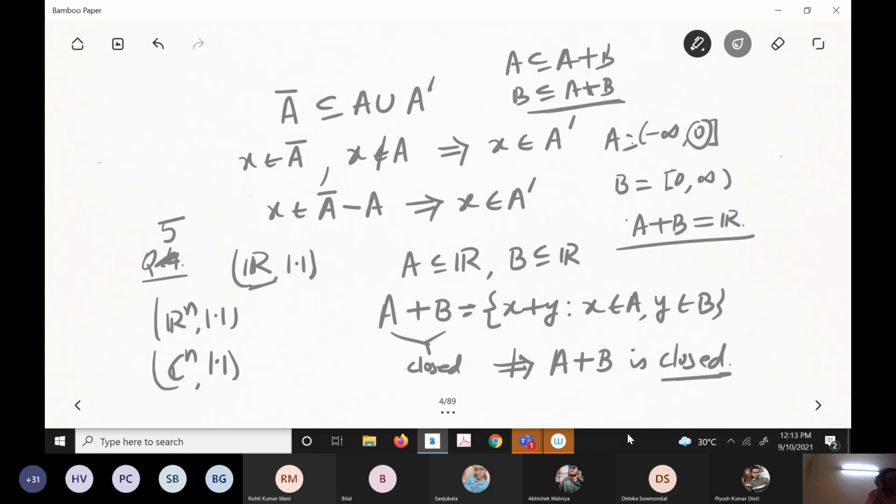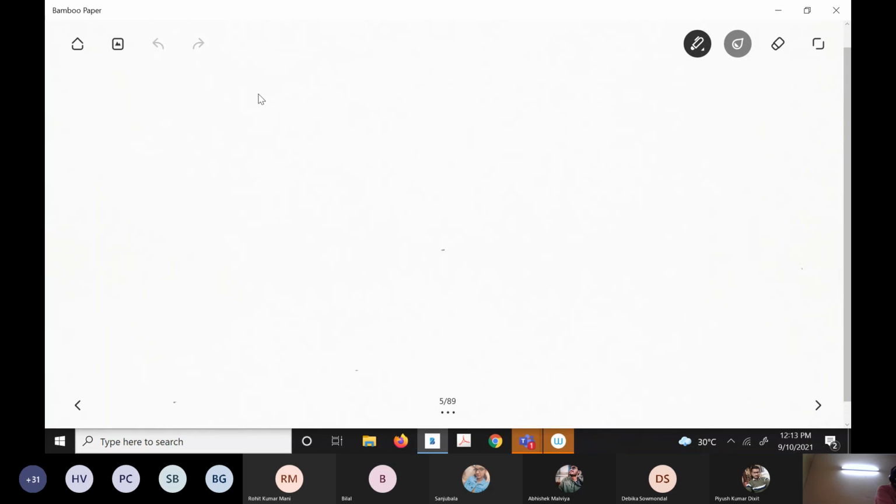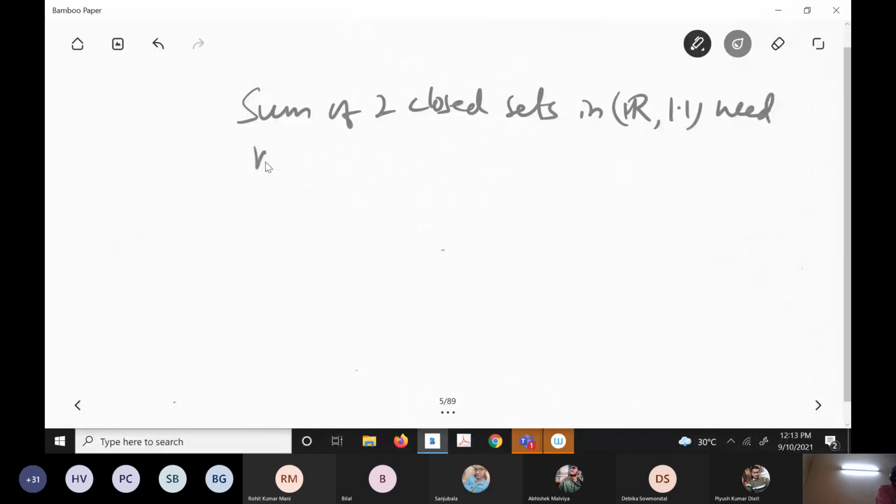I am asking to give an example. Actually, I have given the answer: the sum of two closed sets need not be closed. Take the sum of two closed sets in R, which need not be closed.